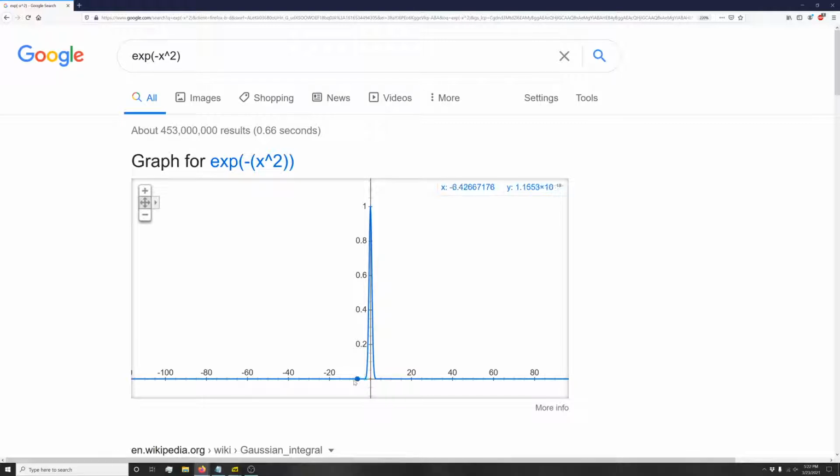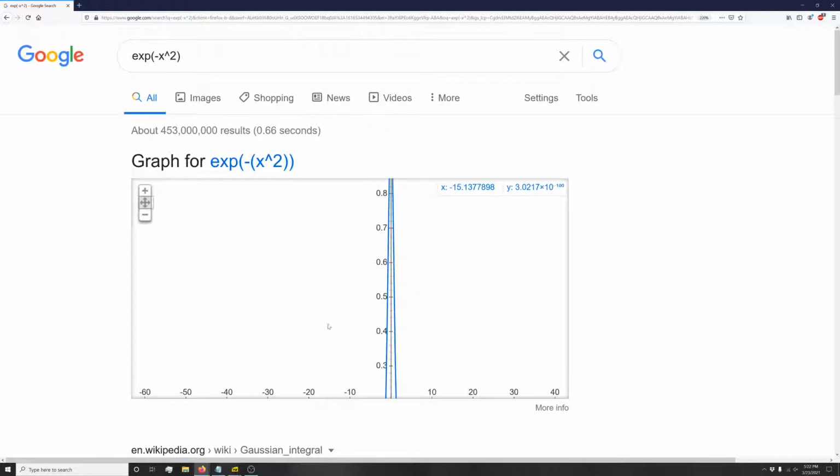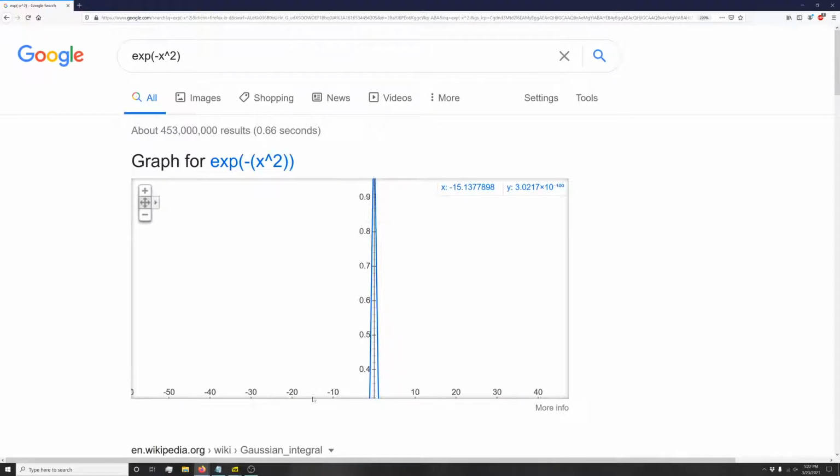We can see that it's not very nicely done because I can't fix the scale. But it goes up to our 0, 1 point right here, which is what we expected. And at negative 0.77, it should be 1 over e.